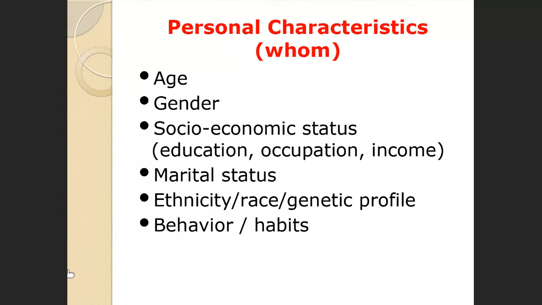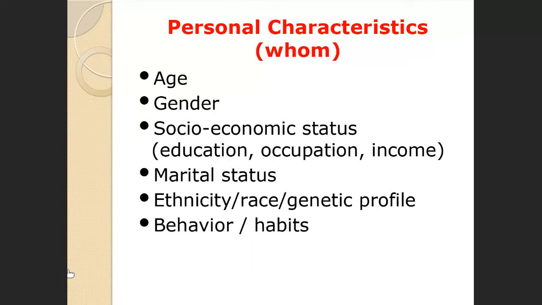Personal characteristics. The first one, age. For example, is this disease common in elderly or in children? Gender. Is this condition common in females, for example systemic lupus erythematosus, or common among males?